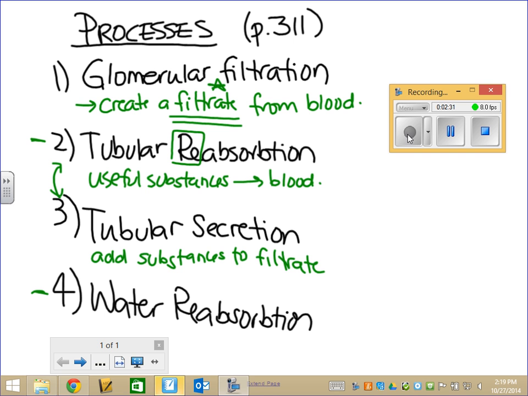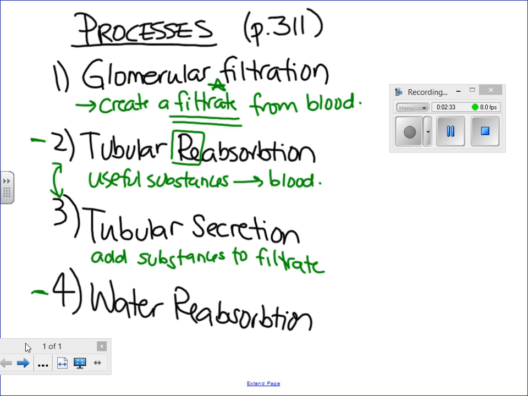But lastly, we have water reabsorption specifically. Water will move back to the blood, just like other useful substances in number 2. But the way that this is accomplished happens in a couple of steps, so that's why we'll talk about water separately.